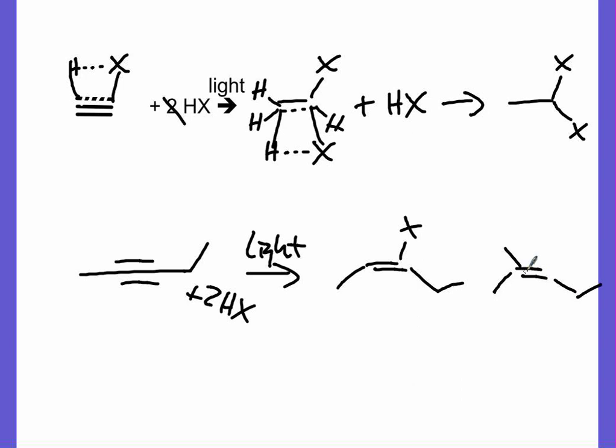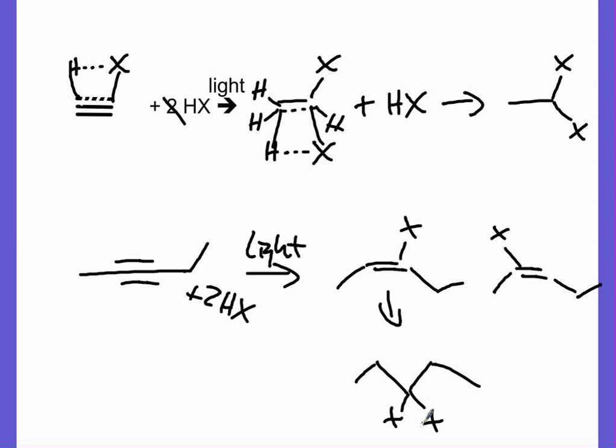I could have added it to the left, and those would be different technically, because that was asymmetrical from the beginning. But when I add the second halogen to each of those, it's going to have to go to the same carbon that already had a halogen, which was that carbon number 3. I drew this a little differently because I didn't have a double bond anymore.